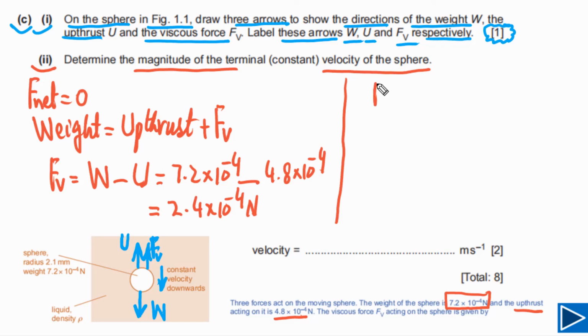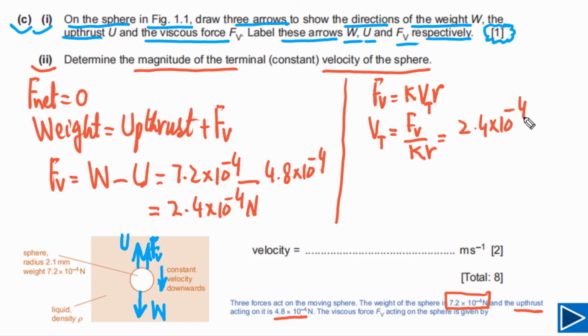In this question, it is also given that FV is equal to K times V times R, and V is the terminal velocity, I mean, this is VT. This is what we need to find out. So simply we can rearrange. So VT will be equal to FV divided by K times R. We have the value of FV, equal to 2.4 times 10 to negative 4.